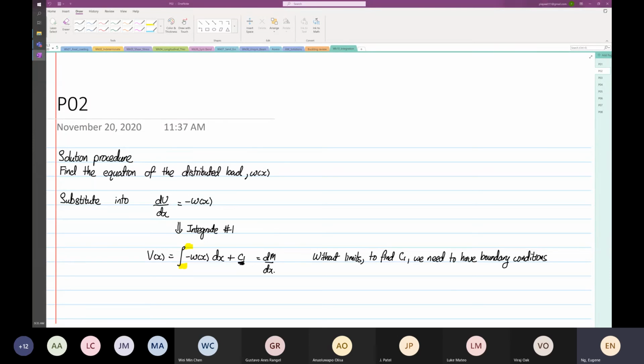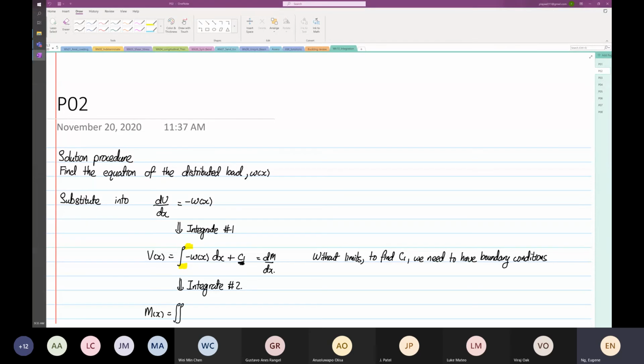So from here we have V as a function of x, which is equal to dM by dx. Then the next step is you integrate again, the second time, so you have M as a function of x.